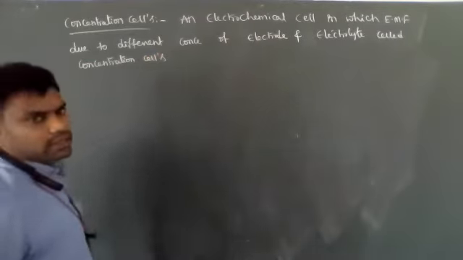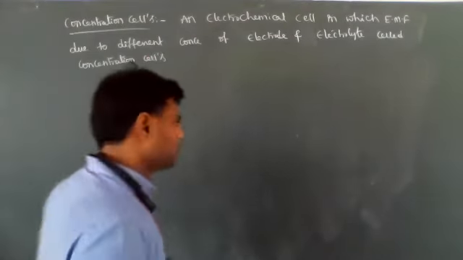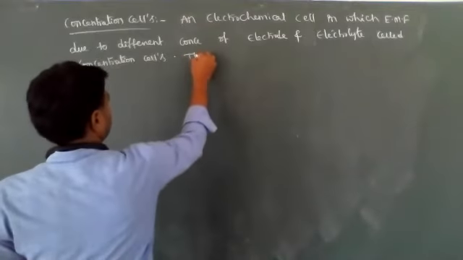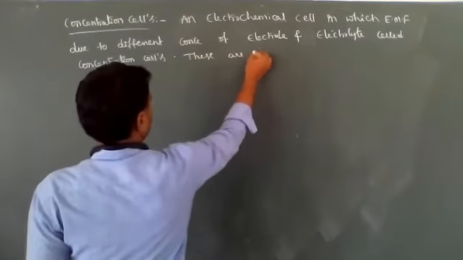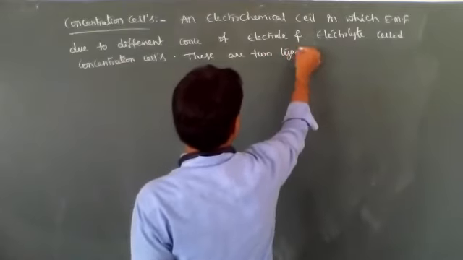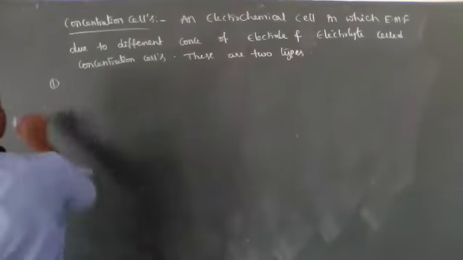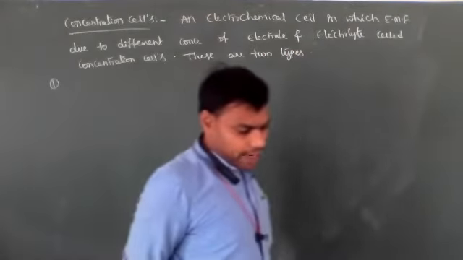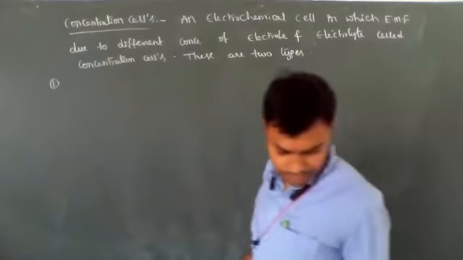These concentration cells are of two types. The first one is electrolyte concentration cells.